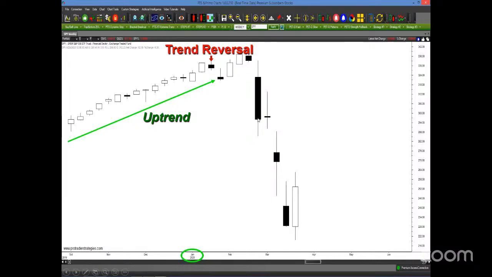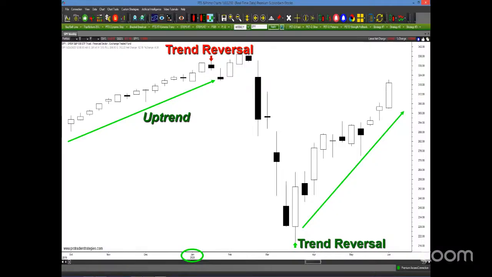Now, as we went down for the next month or so, everyone thought the world was going to come to an end, right? We were in the middle of COVID. No one knew how this was going to end. We didn't have any answers to the virus. But look what the PTR did. It generated a buy signal in March of 2020, just 3 months later. And as we all know, the market has gone straight up since then.